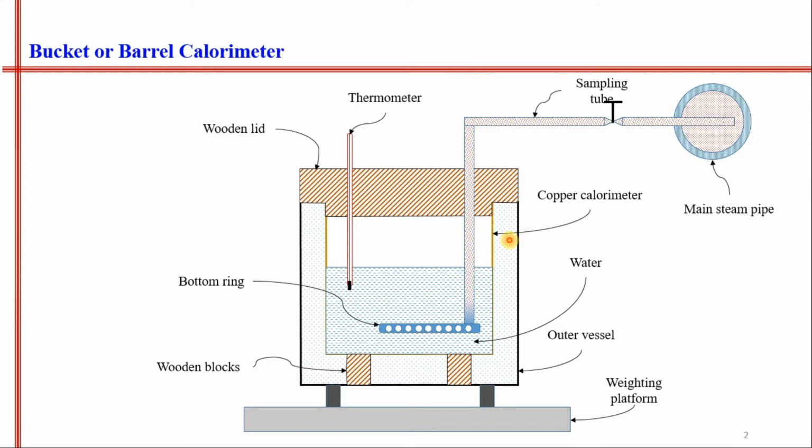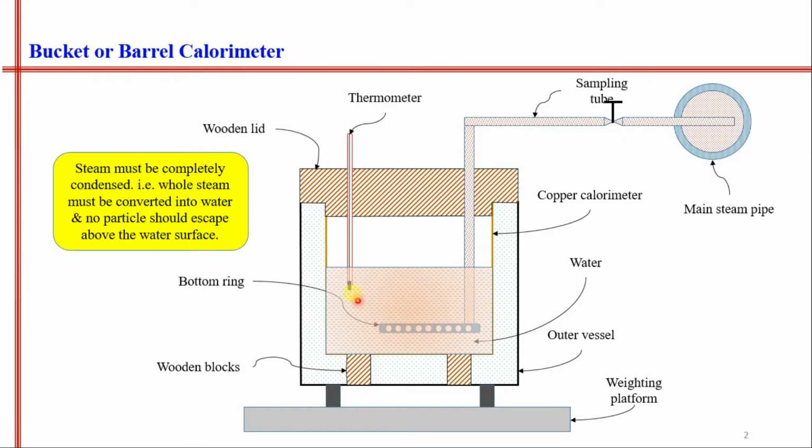As we open the valve, the steam flows through the sampling tube and comes out from these holes on the bottom ring. While coming out from these holes, this wet steam is completely condensed inside this water.